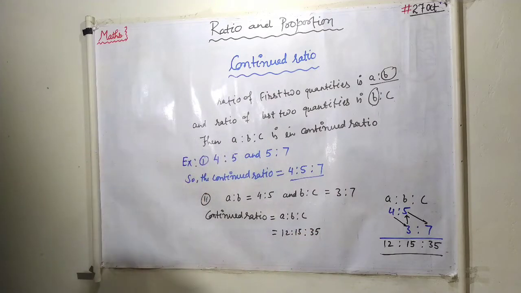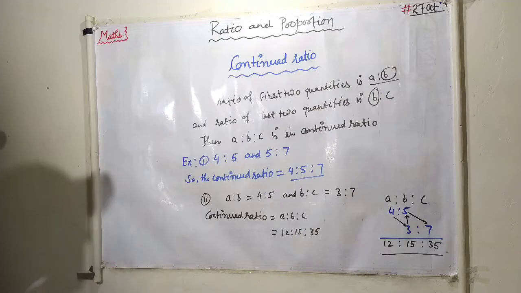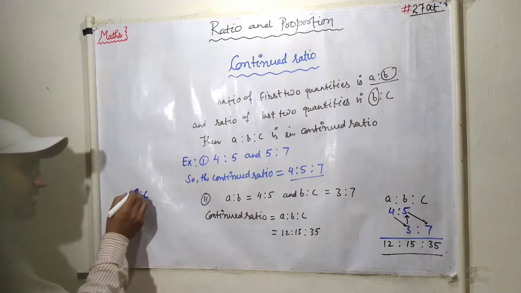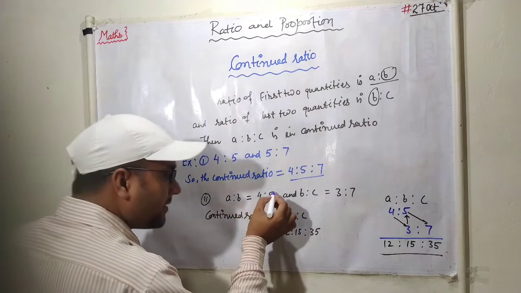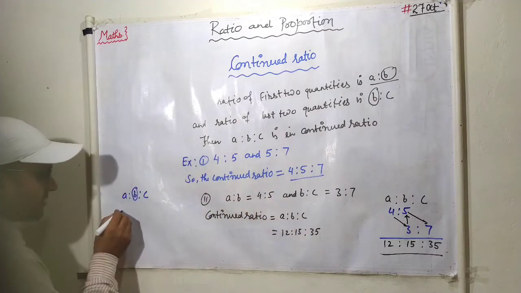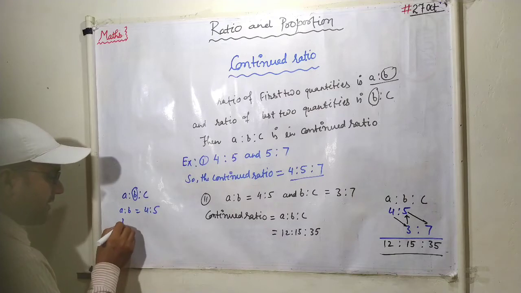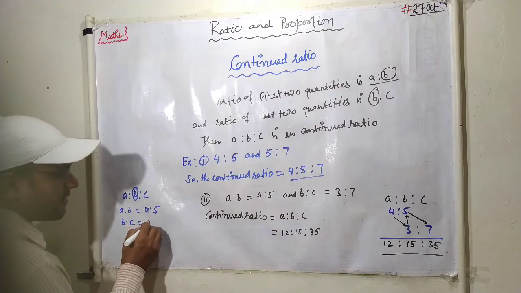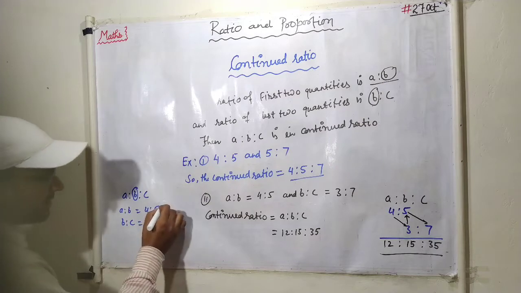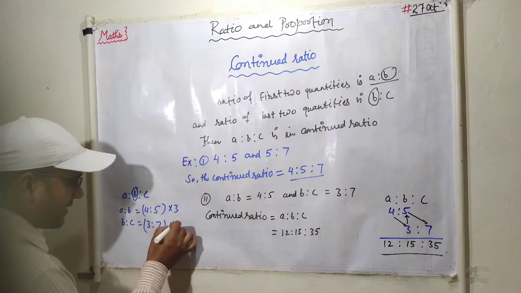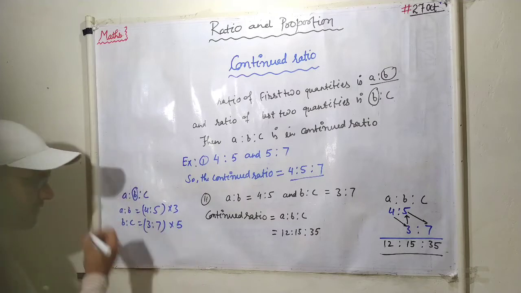This is the first trick for you. One more: suppose A is to B is to C, B is common, no? Suppose A is to B is equal to 4 ratio 5 and B is to C is 3 ratio 7. You multiply the first ratio by 3 and the second ratio by 5.